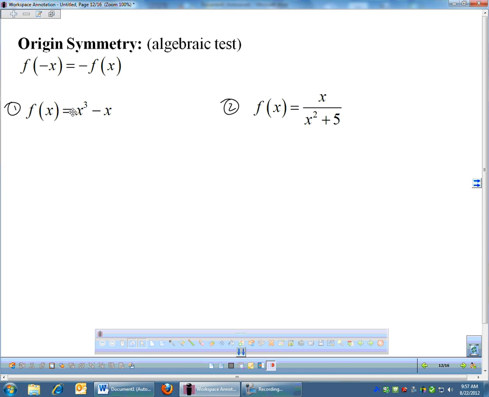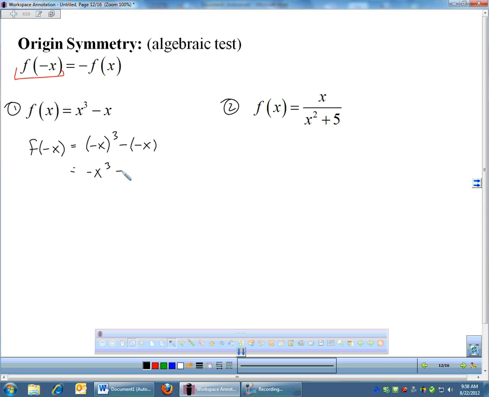If you're looking at an equation, the good thing about the test is it starts the same way as an even function. So the test for even and odd is pretty much the same. You just get a different result. So if I were to plug in negative x, I get negative x all cubed minus a negative x. So I'm plugging negative x in for my x's, and we clean that up. If you raise a negative to an odd power, it will remain negative.